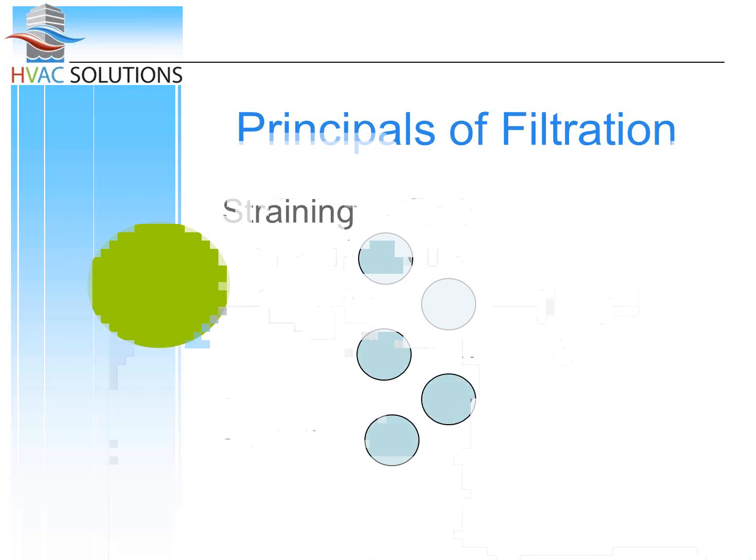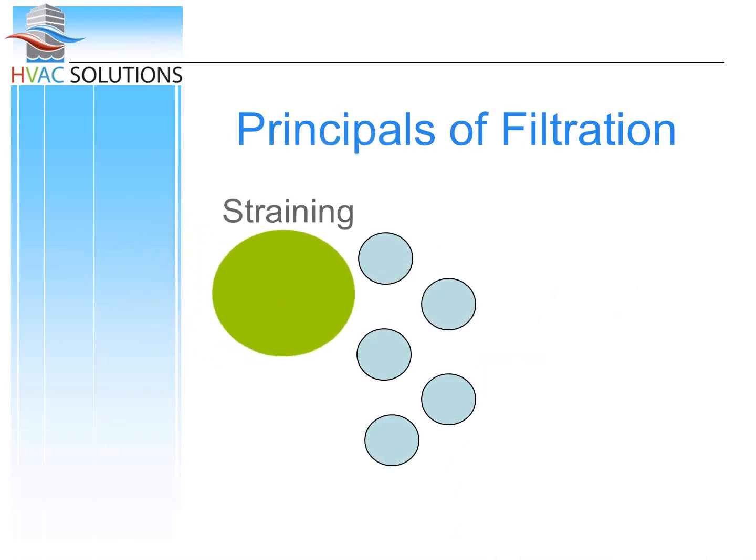You've got a big old particulate, and you've got a small filter, and it's just too big to get through. So if you've ever made noodles at home, you throw those noodles in a strainer, the noodles stay, but the water seeps out. It's the same idea. You've got a big particulate that just cannot get through that filter.